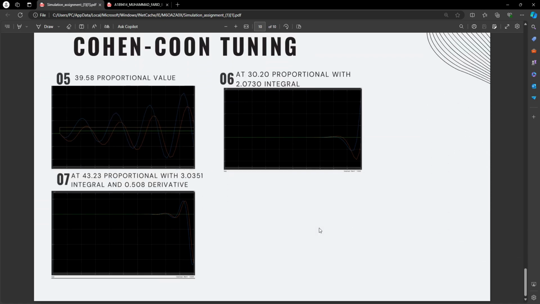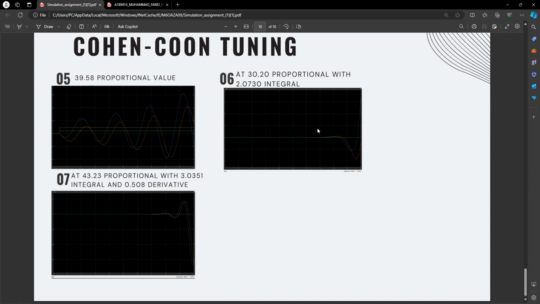Continuing that part, we are going to have the Cohen-Coon tuning with the proportional value set at 39.58. This is the value that we obtained for the P controller. For the next part, the PI controller values are set at 30.2 proportional with 2.073 integral.